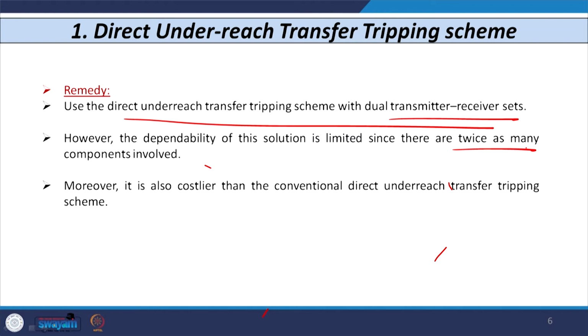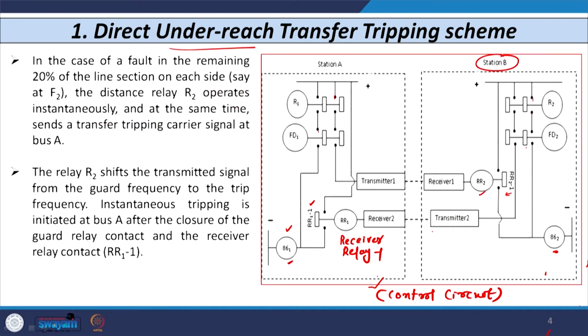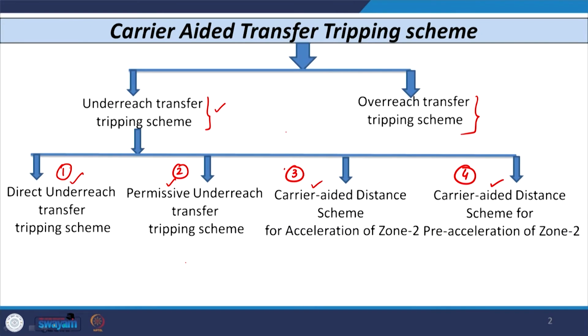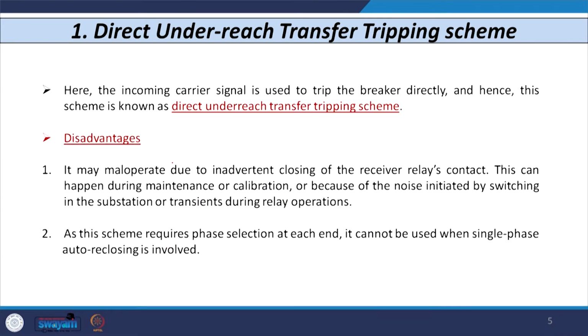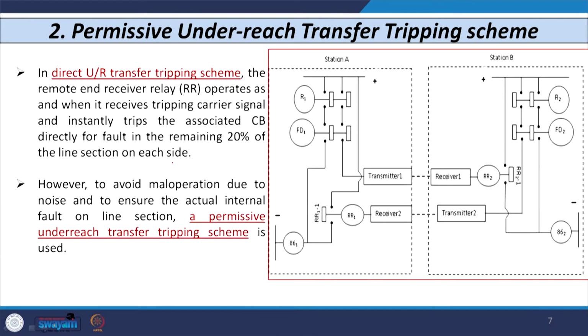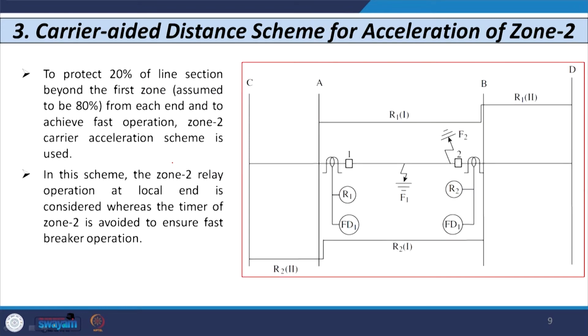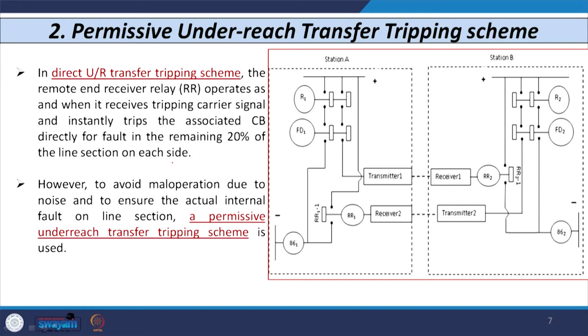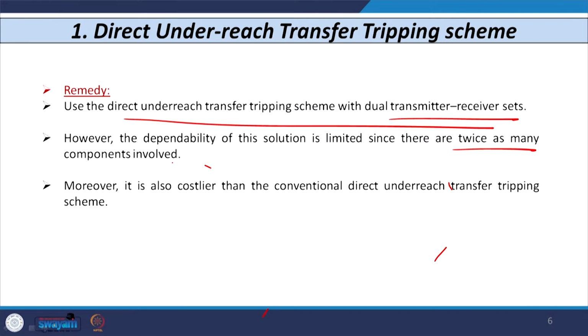So, with this background let us discuss the next type of scheme, the second one, the permissive underreach transfer tripping scheme. I have shown here only the control circuit, not the time distance characteristic, because the time distance characteristic of the permissive underreach transfer trip scheme remains the same as the direct underreach transfer trip scheme.